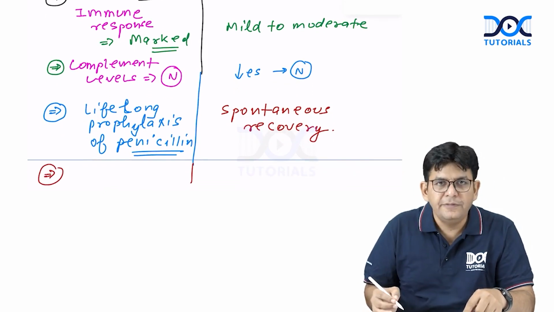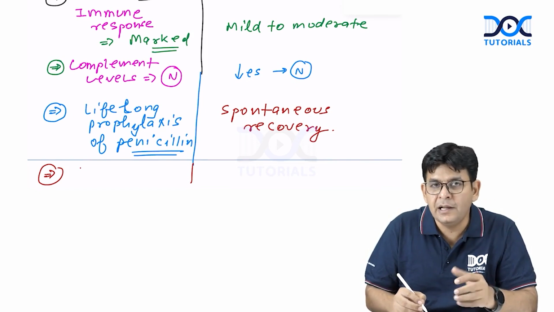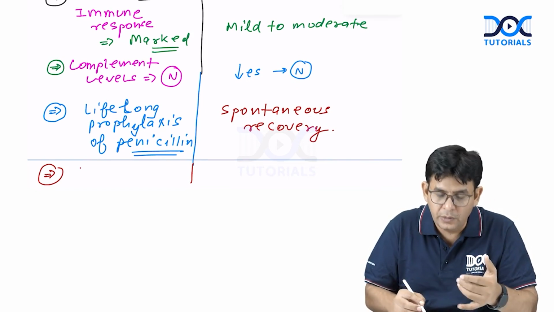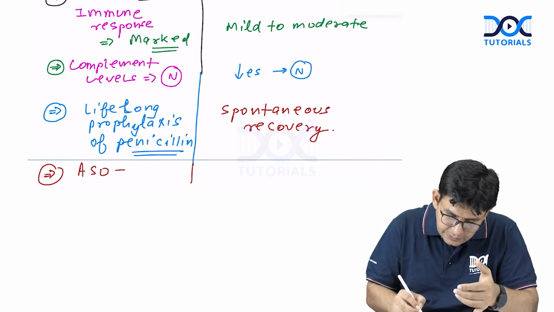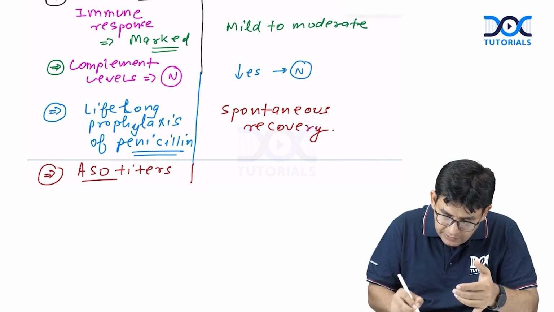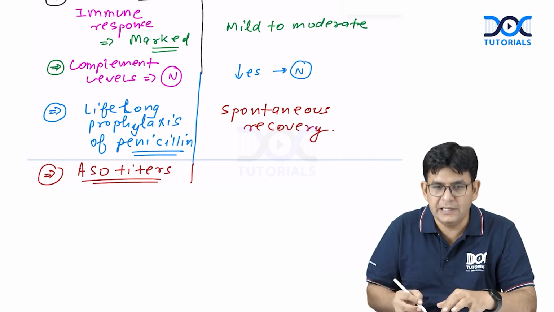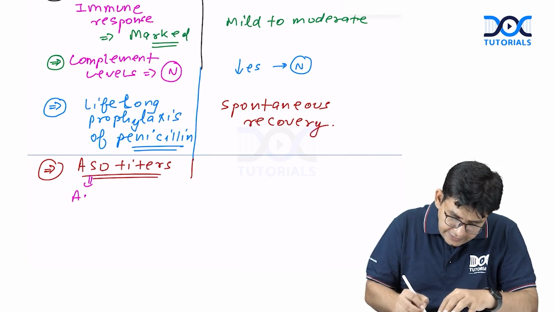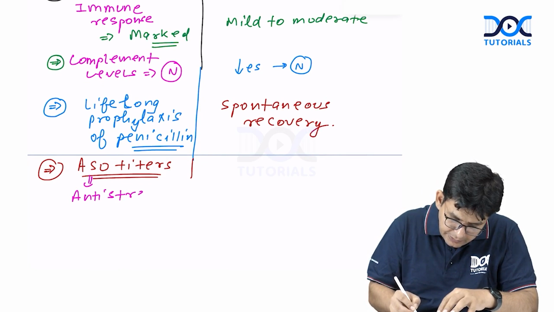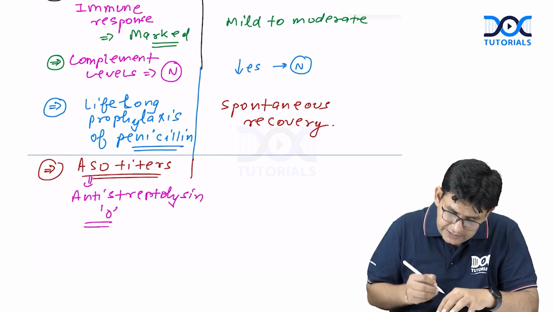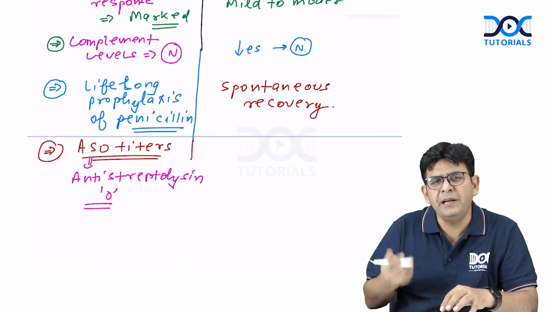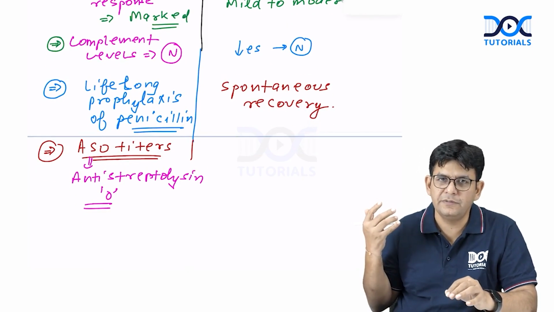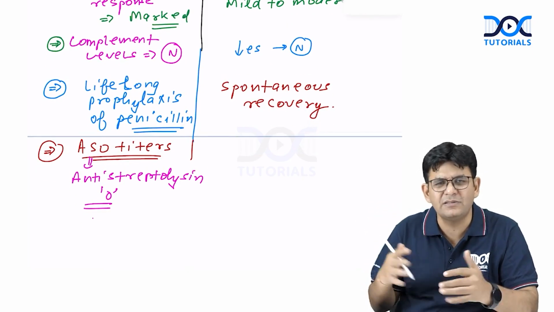In the case of ARF, ASO titers are looked at. And what is ASO? ASO stands for anti-streptolysin O. Anti-streptolysin O titers were previously supporting criteria in the Jones criteria, but now they are excluded.